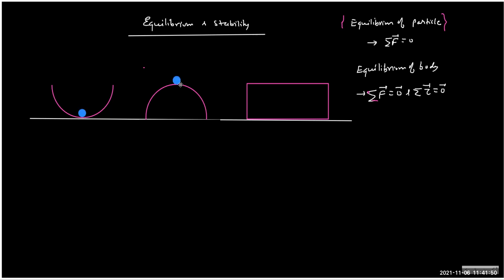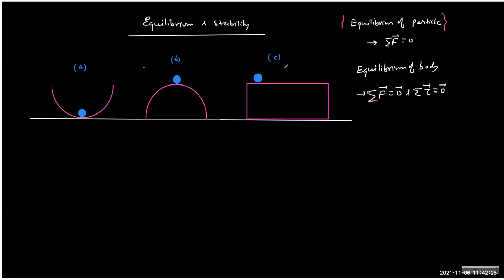Now all three balls are at rest. Now try to disturb slightly. In which case is it going to come back to the same point of equilibrium? In which case will it first have a tendency to go back to equilibrium? The first case.